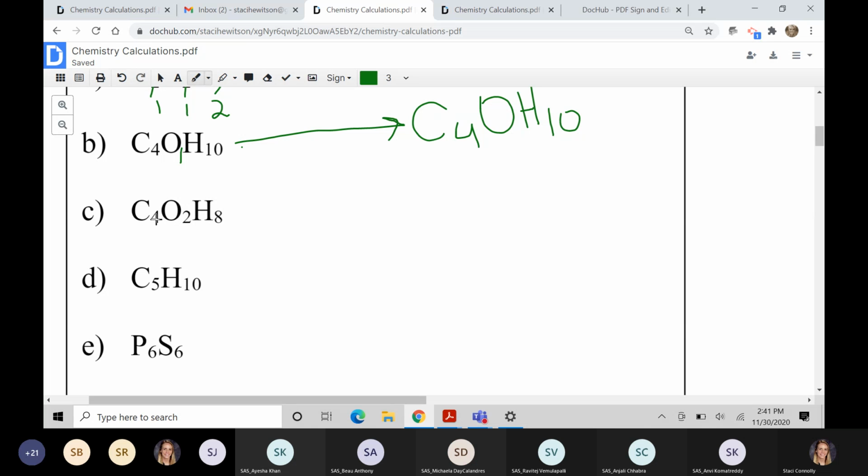What number goes into all of these? What can I divide them all by? 2. Perfect. I can divide them all by 2. Divided by 2, I get a 2. Divided by 2, I get a 1. Divided by 2, I get a 4. So it'll be C2OH4. Perfect. Thank you.